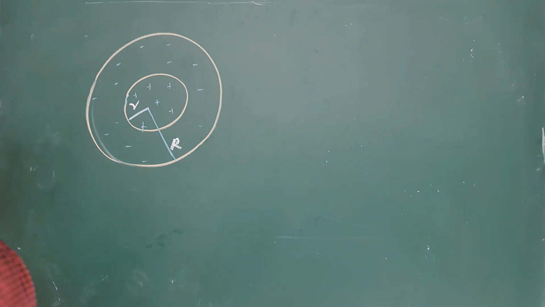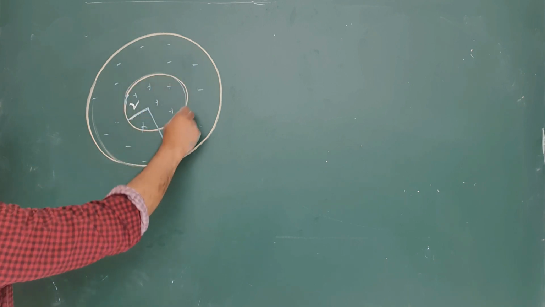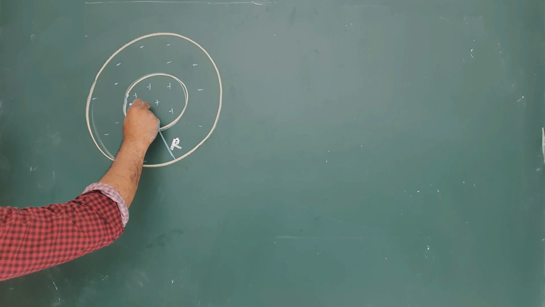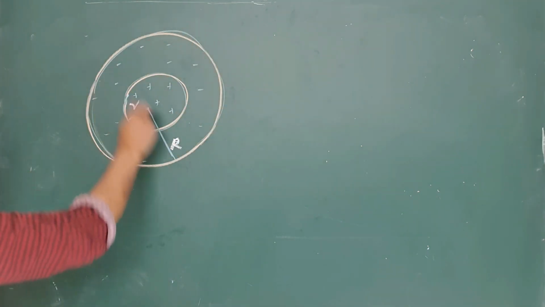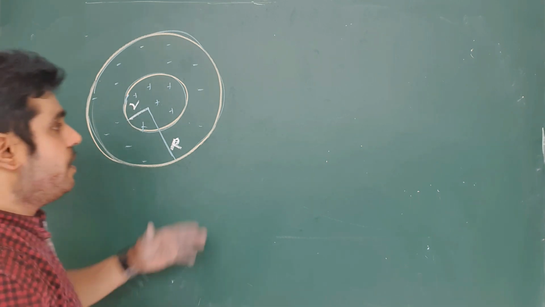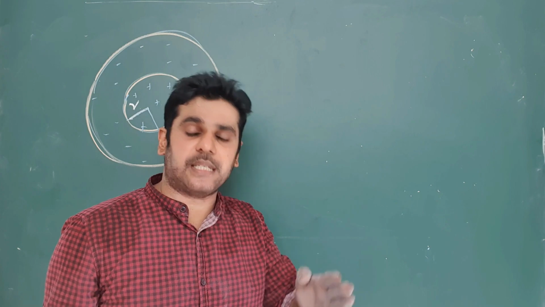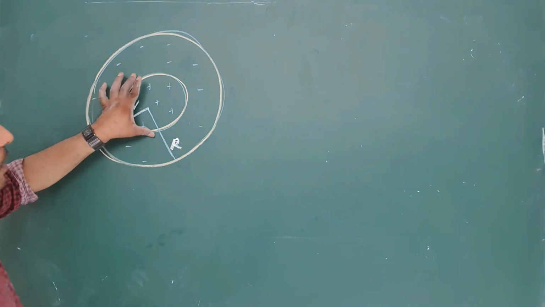Now you assume the positive charge surface area radius is given by small r and the outer radius is given by capital R. Now in this calculation, the inner surface and outer surface radii are given by small r and capital R. Right.